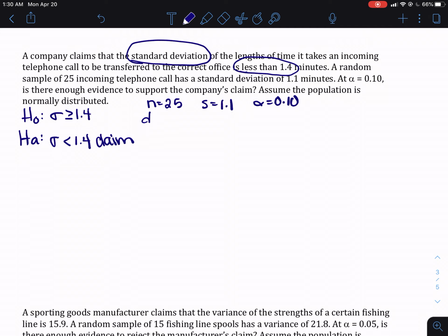So our degrees of freedom, we can say, is 24. And since our alternative hypothesis is less than, that means we're going to be left-tailed. And when we're finding our critical value for left-tailed, we're going to do 1 minus alpha, which gives us 0.90.